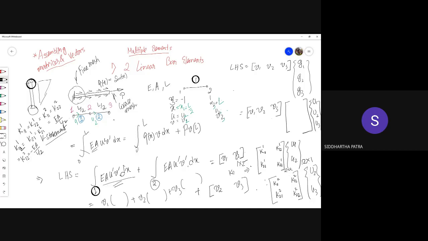So there you have a matrix of size 1 by 3, or vector of size 1 by 3, and this one u1, u2, u3 is 3 cross 1, and in the middle the matrix size should be 3 by 3. So I need you to figure out this 3 by 3 matrix. Can you do that?